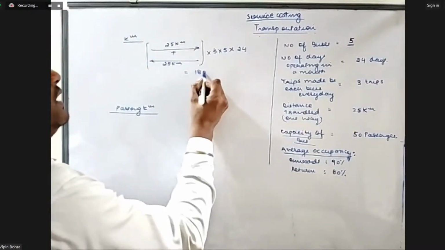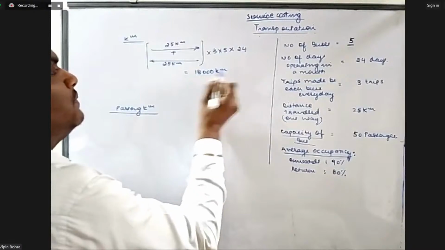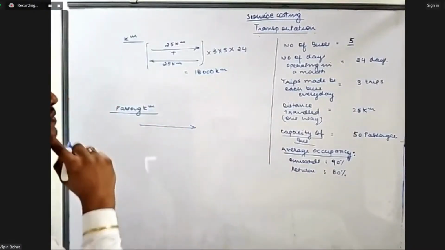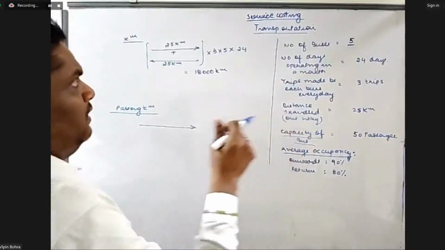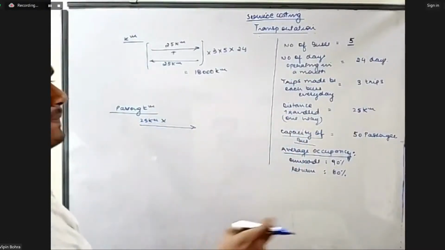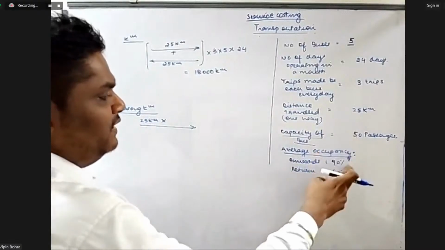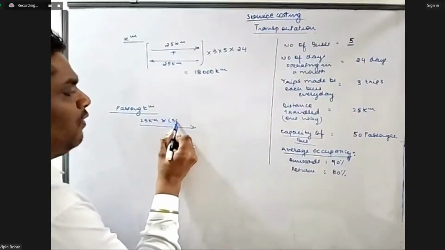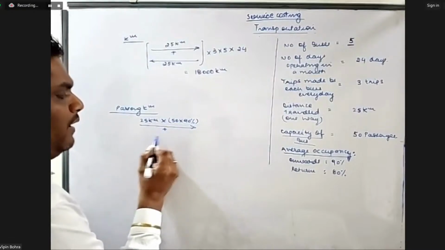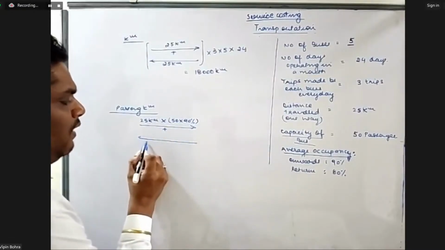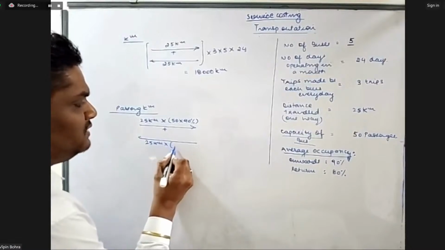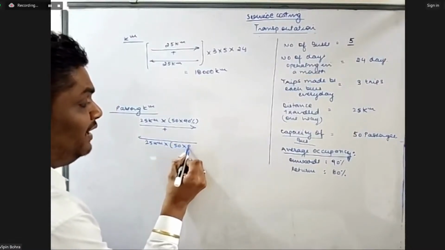So this is 18,000 kilometers. When talking about passenger kilometer, for 25 kilometers in the onward journey, the passengers traveling are 50 into 90%. In the return journey, again for 25 kilometers, the passengers traveling are 50 into 80%.